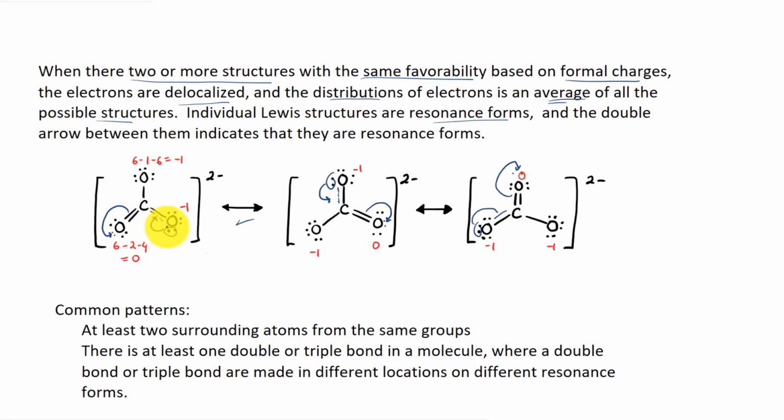Because knowing that resonance exists is one thing, but drawing all the possible resonance forms, that's the most challenging aspect. And the way to do it is by following these two common patterns. If they have these two common patterns, you continue to use the same methods and draw the double bond in a different location, just following your basic Lewis dot structure. And of course, make sure to double check with your Lewis dot structure.